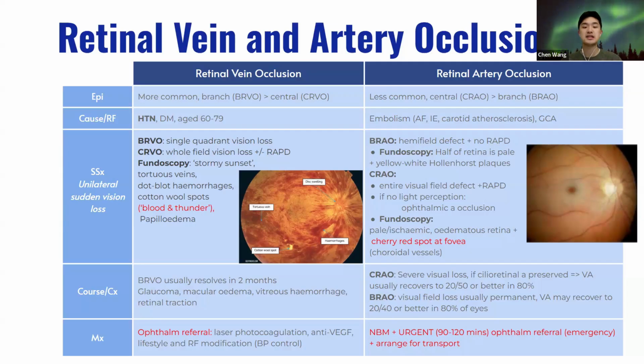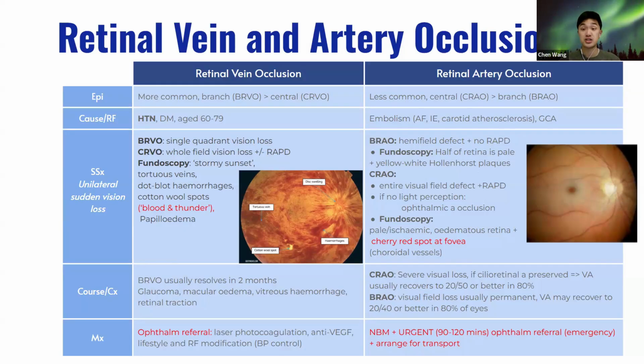And importantly, this condition may lead to complications such as glaucoma in about two or three months' time after it has resolved. On the other hand, we've got retinal artery occlusion, and on fundoscopy, we have this classic cherry red spot at the fovea, and this is due to the choroidal vessels.